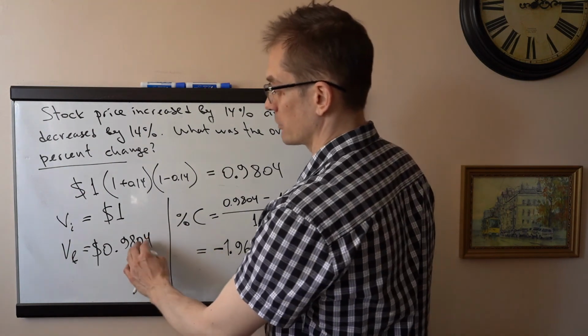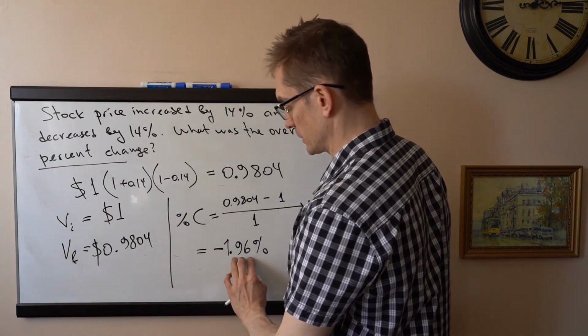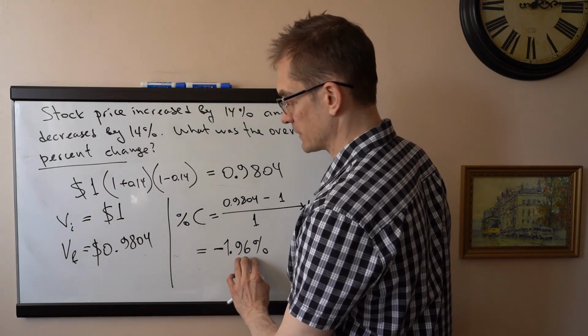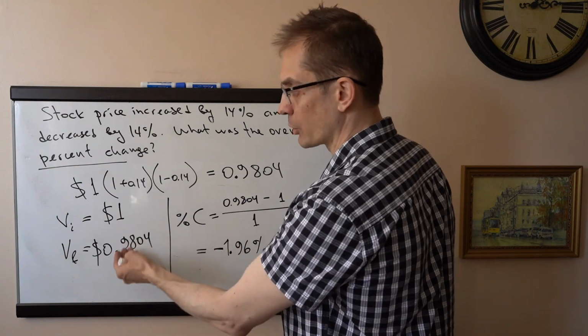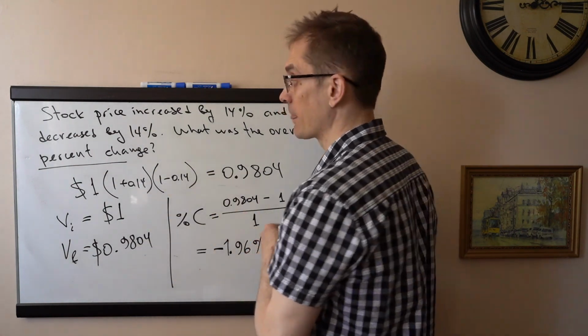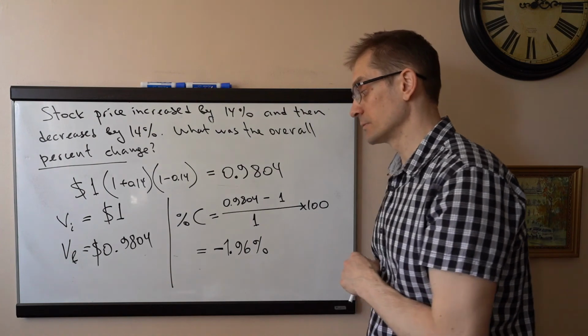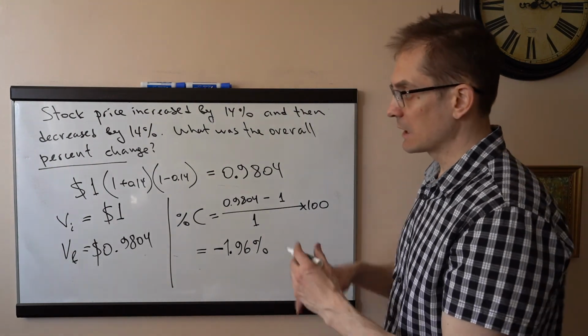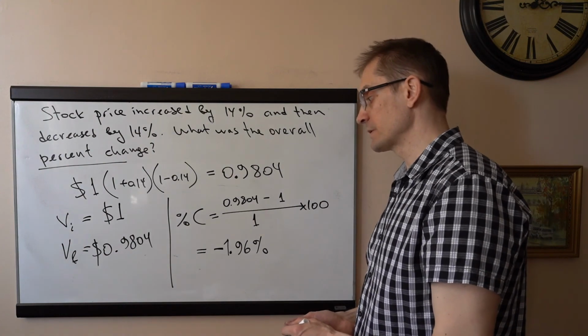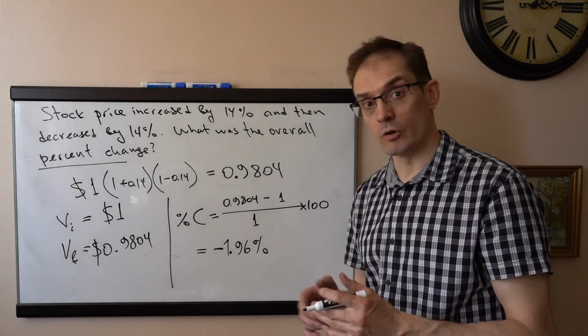And also you can right away deduce it's 1.96% decrease because you can see it as a rate per one right away. Okay. Well, there are various ways to really approach this. I leave it up to you to practice with this, and you will have some homework to do.